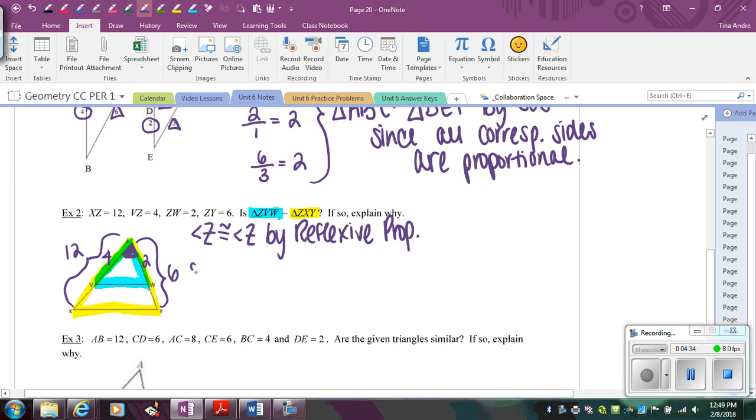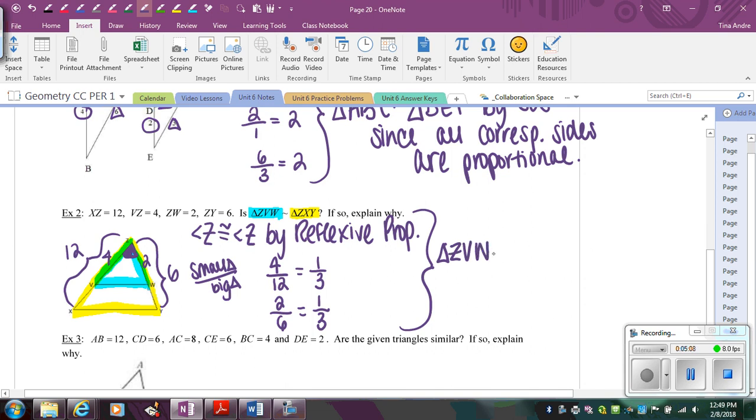If I compare the small triangle to the big triangle and set up my ratios, that would be 4 to 12, which reduces down to 1/3. And then 2 to 6 also reduces down to 1/3. So I have the included angle as congruent, and the sides that make up that angle are proportional. This information tells me by side angle side similarity that these two triangles have to be similar.